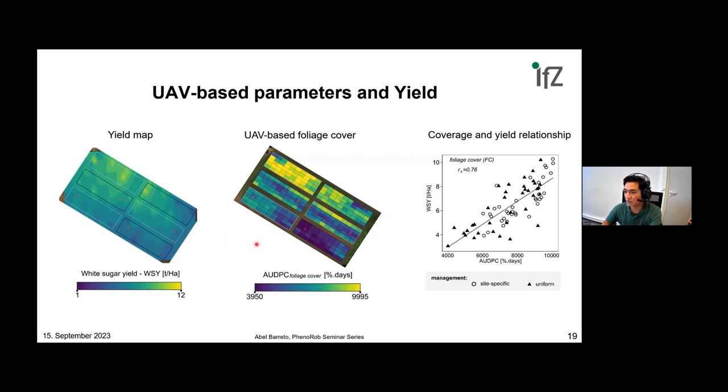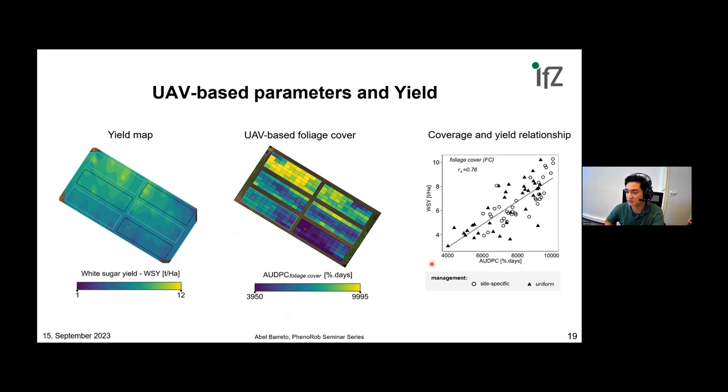We extrapolate. I mean, we take samples of some areas, some grids in the field, and then we interpolate a yield map, and we can georeference it and see that there is a high correlation of these top parameters over time, and we try to visualize our yield map also.